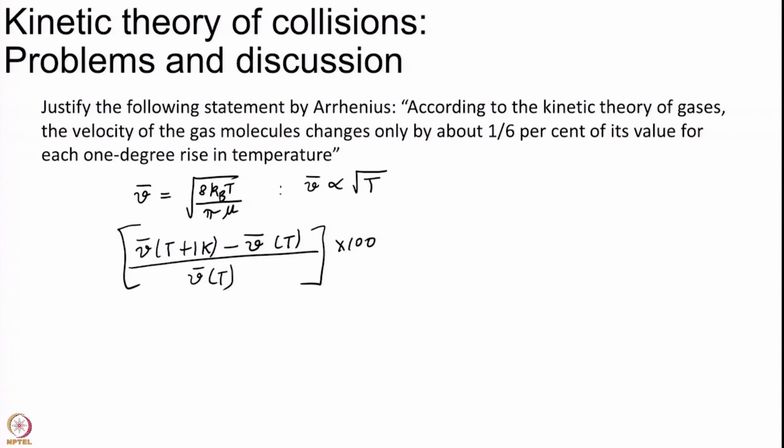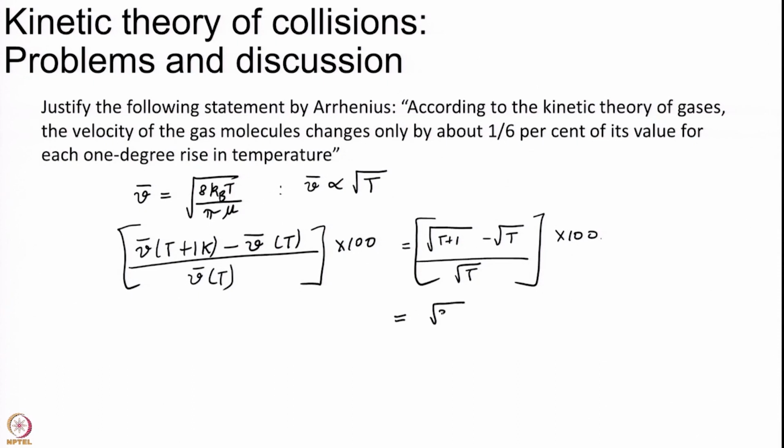So, you can substitute the nu above here, and what you will quickly show is that this is equal to root of T plus 1 minus root of T, divided by root of T, into 100. And basically what Arrhenius was talking of was at room temperature. This is not always true, it will be close to true, but what he was discussing is at room temperature.